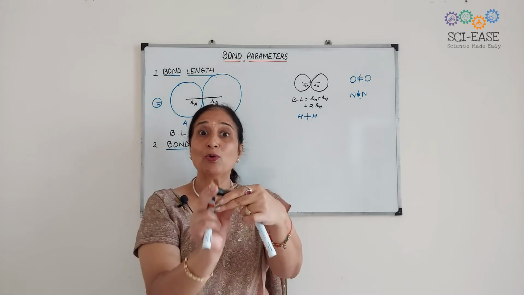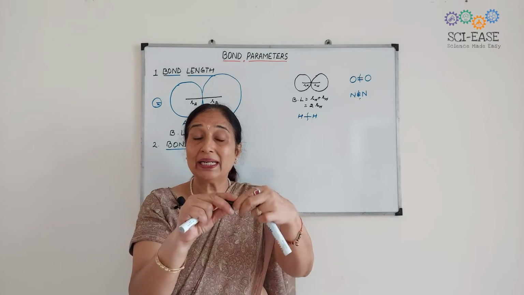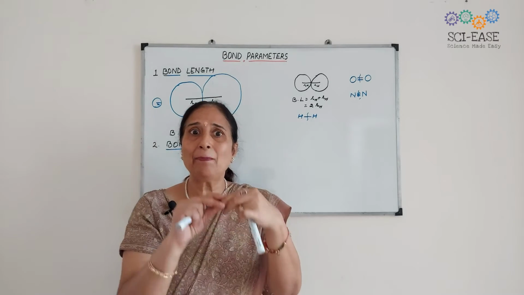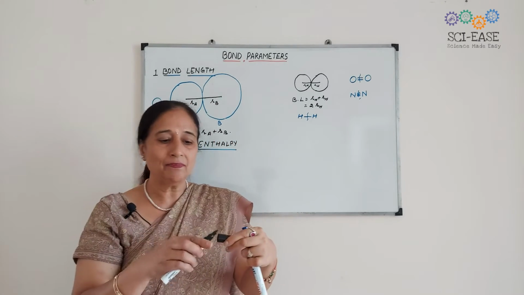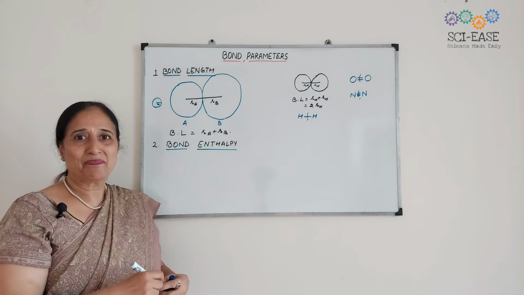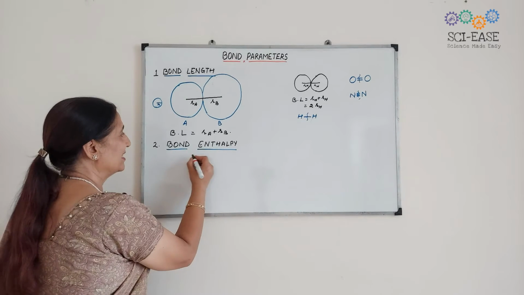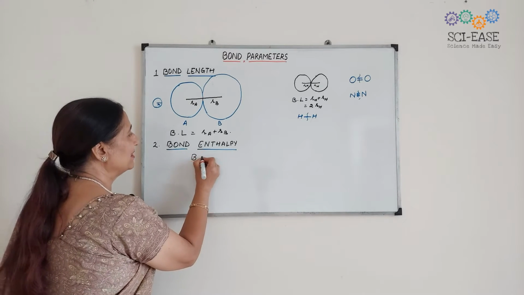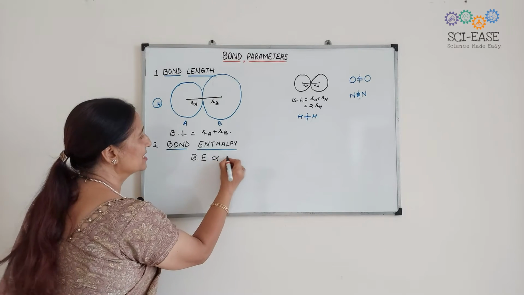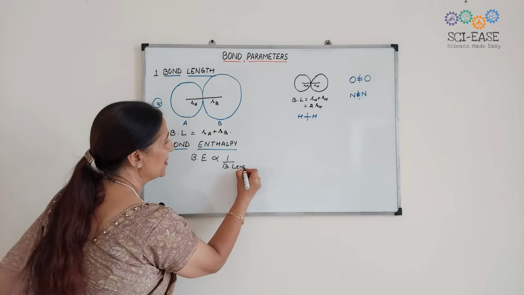So suppose in case of triple bond, the bond length is this much, it will take a lot of energy, a lot of bond enthalpy is required to break the bond. So one relationship which we will deduce from this is that bond enthalpy is inversely proportional to bond length, okay?